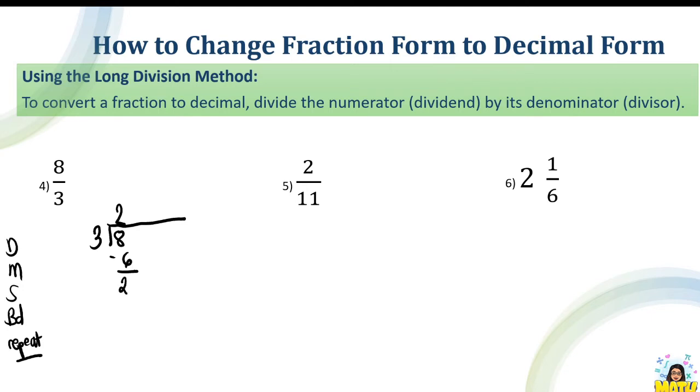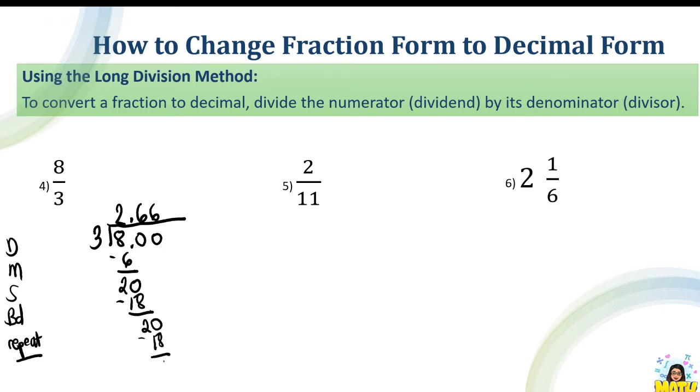Subtract. And since may remainder, pwede tayong mag-add ng decimal point at 0 and then continue the process. 20 divided by 3, 6. 6 times 3 is 18. Subtract. That's 2. Add another 0 and then continue to divide.